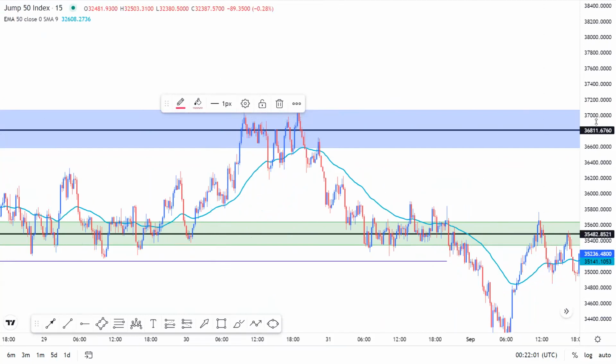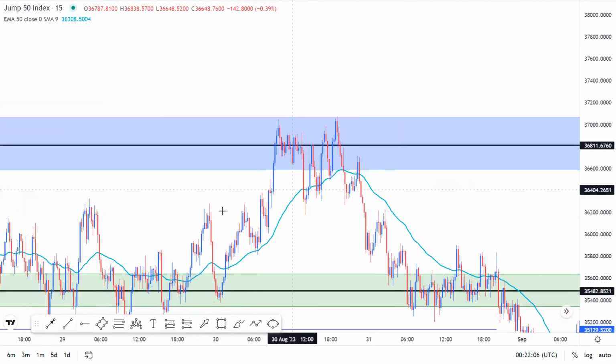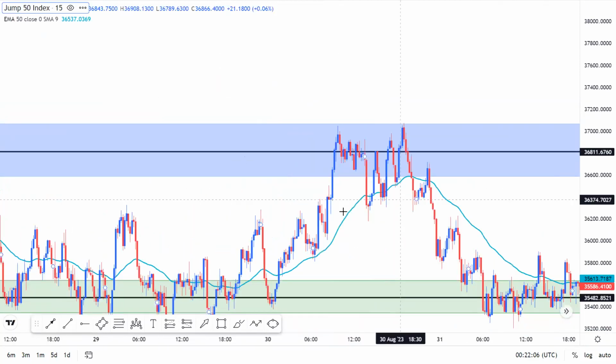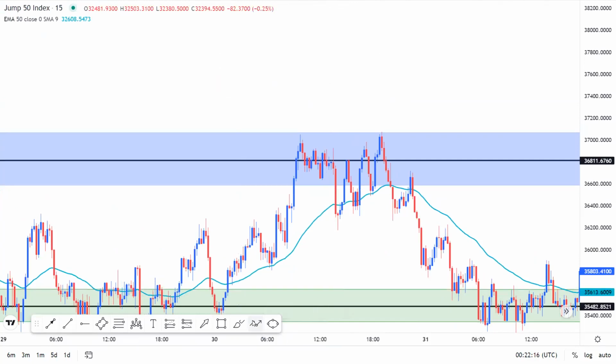And as soon as price came right into my identified daily key level, my area of interest, I noticed a 15 minutes time frame shift in structure, and that would be something of the nature.